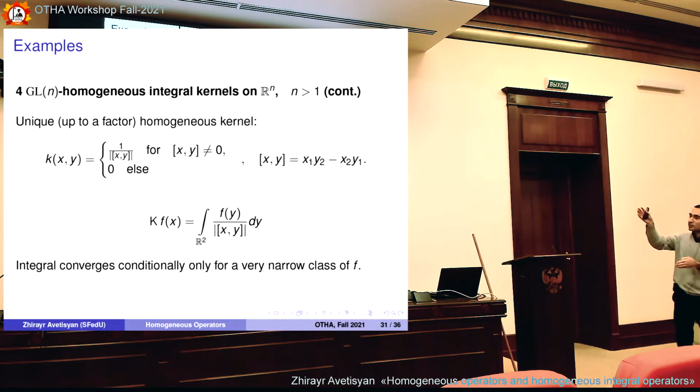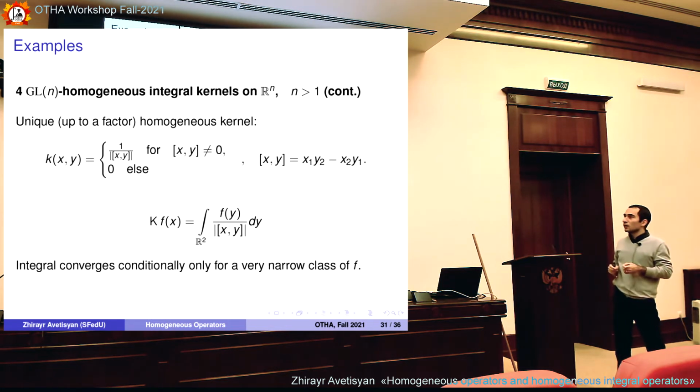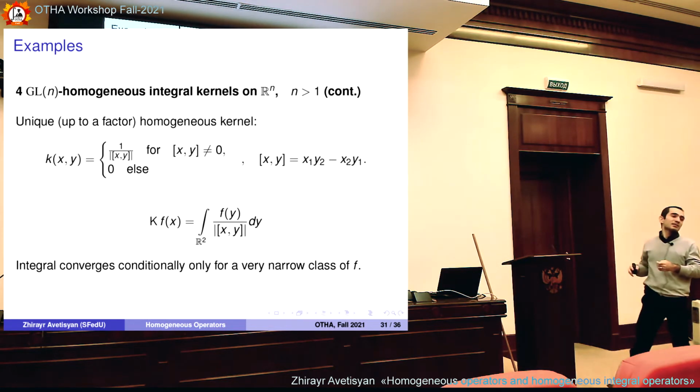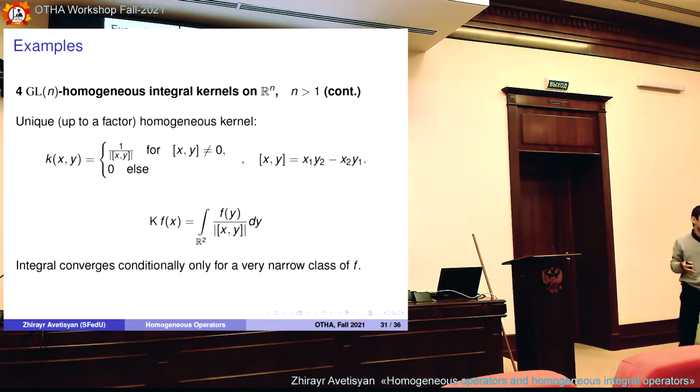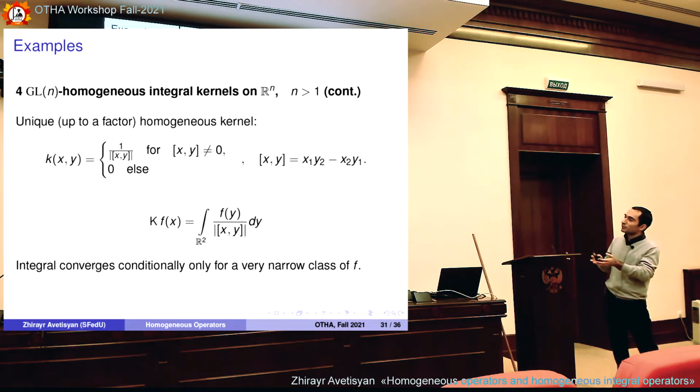In order that this integral converges in some reasonable sense, you need to pick functions f which are anti-symmetric in many different ways, so as to cancel the positive and negative parts of the integral in some principal value sense. So this makes the domain of such an operator very narrow.